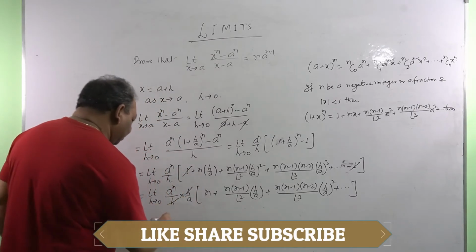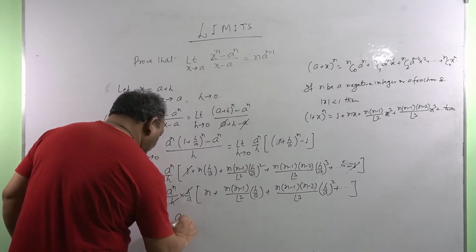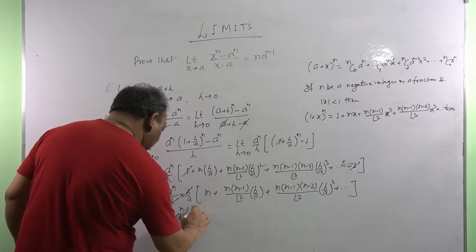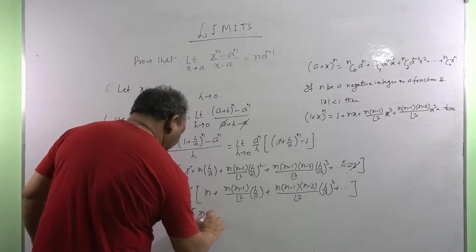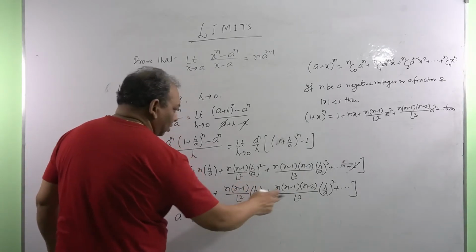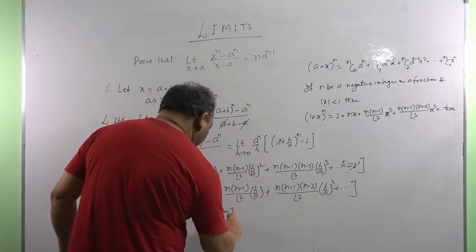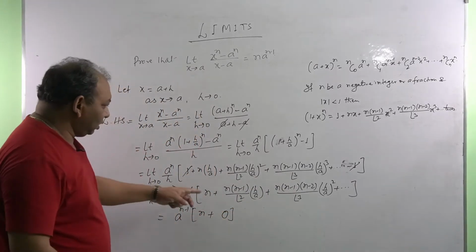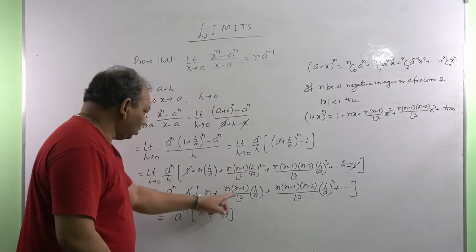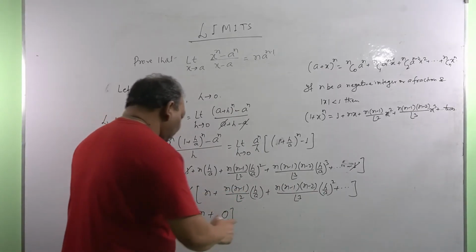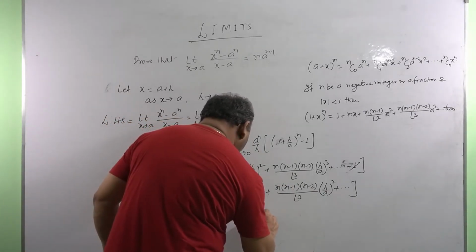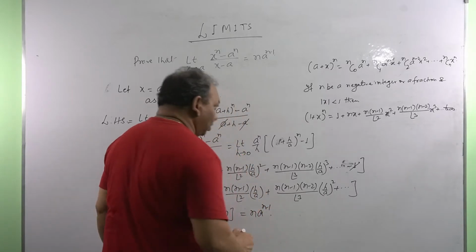H cancel out. Here a raised n minus 1 multiplied by n plus, now all other terms are 0 because h is in every term. So all those terms are 0, then we will get n a raised n minus 1.